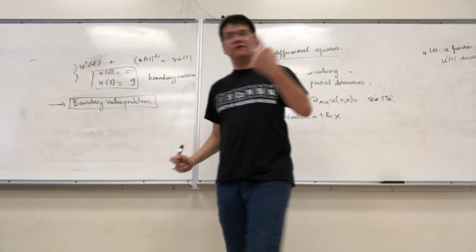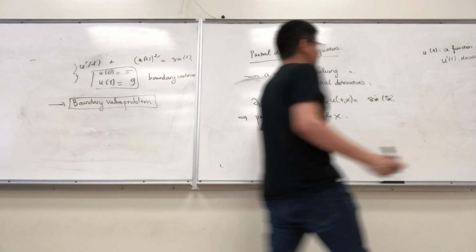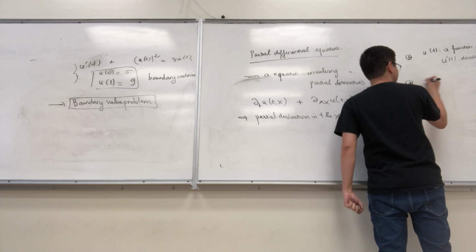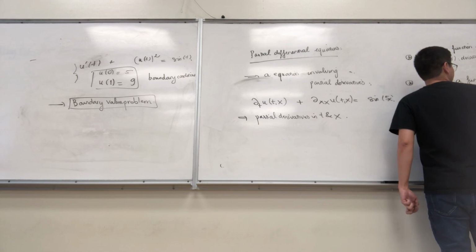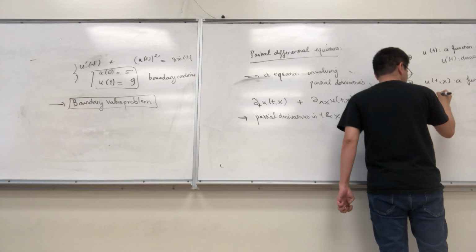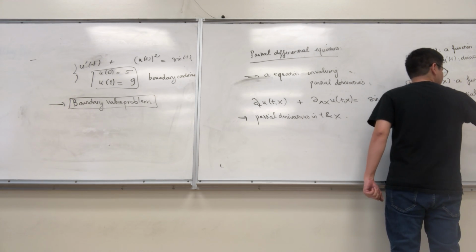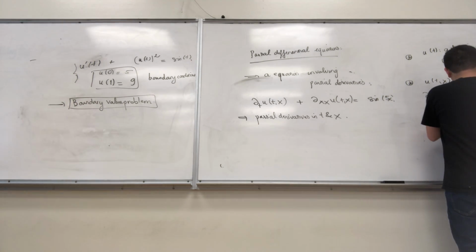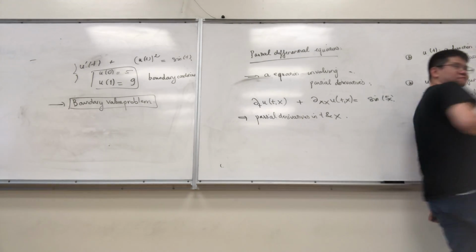So there's nothing extra on this. But now if u(t,x) is a function of multiple variables, then dt of u is a partial derivative and dx of u is also a partial derivative, right?